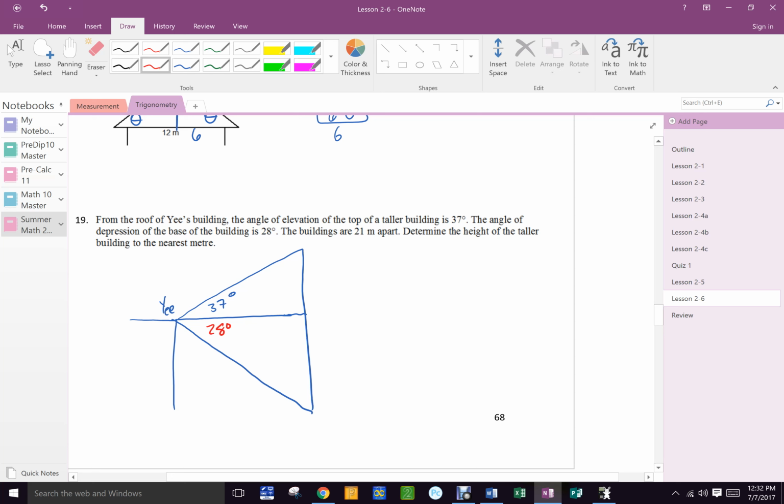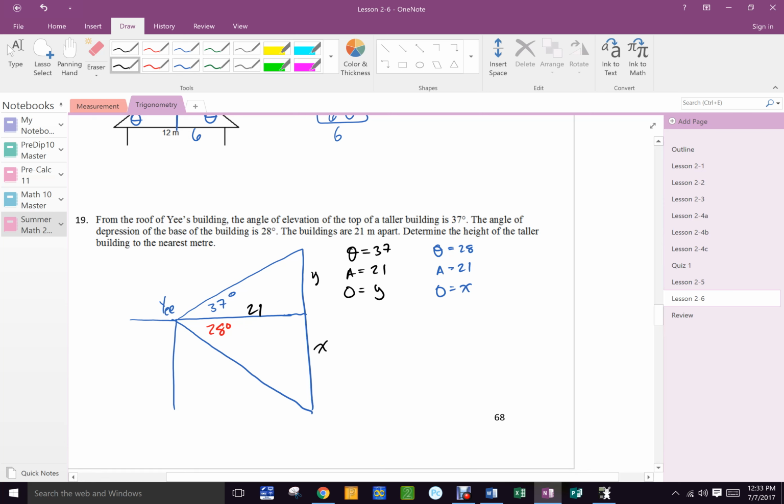28 degrees. The buildings are 21 meters apart. I want to know how tall the taller building is. So I need what two measurements? I need that and I need that. The top one, I have theta of 37, adjacent of 21, and an opposite of y. The bottom one, I have theta of 28, an adjacent of 21, and an opposite of x. What uses O and A?